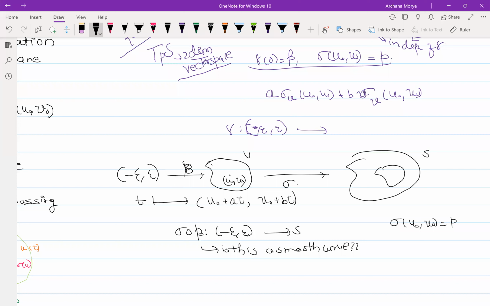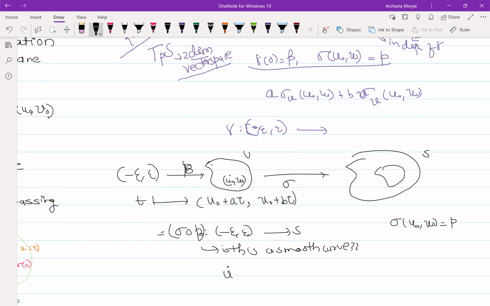Beta is smooth, and sigma is essentially a surface patch, which is smooth. So their composition, by definition, is going to be a smooth curve, because the definition of a smooth curve is that composed with sigma inverse it has to be smooth. And beta is smooth, so this is a smooth curve.